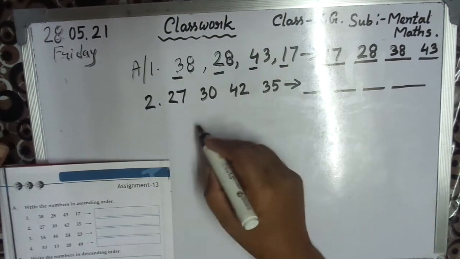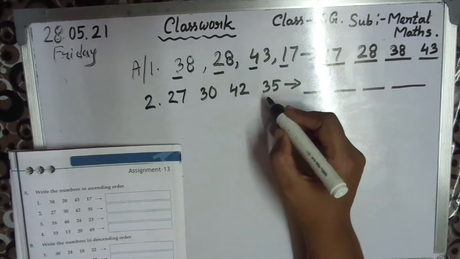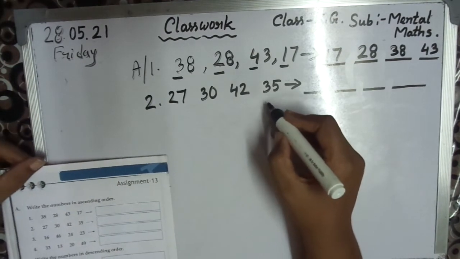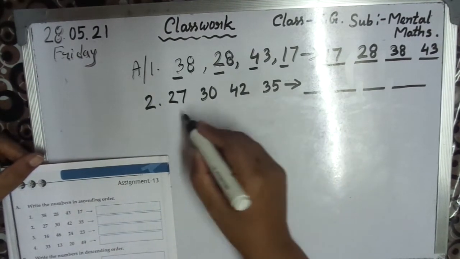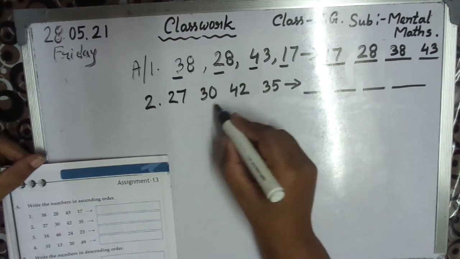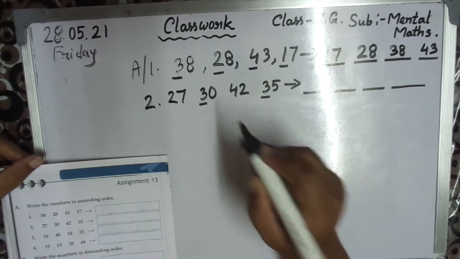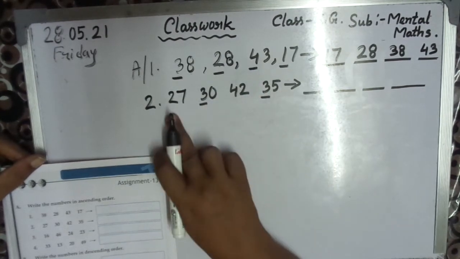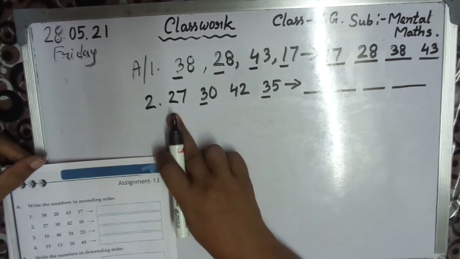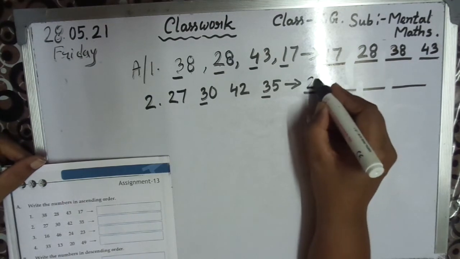So let's see now tens. See children, tens is 2 tens is same here. See 3 or 35. So first small tens is 2, 27. So first you write 27.